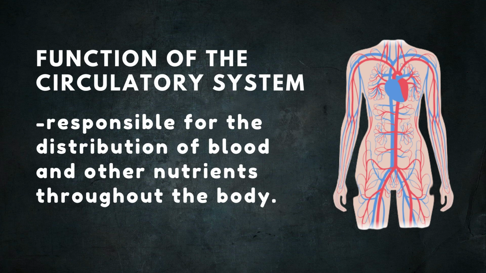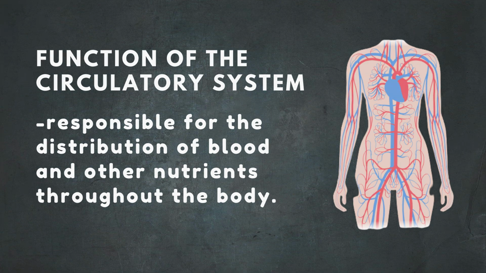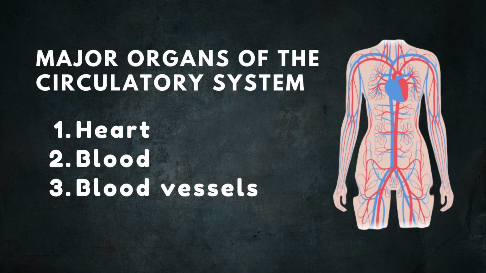It picks up carbon dioxide and other waste that body cells make. It also carries this waste to the body organs that get rid of them. The major organs of the circulatory system are heart, blood, and blood vessels.